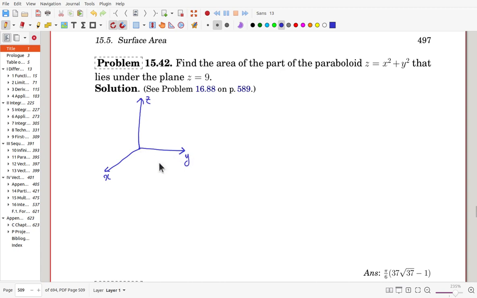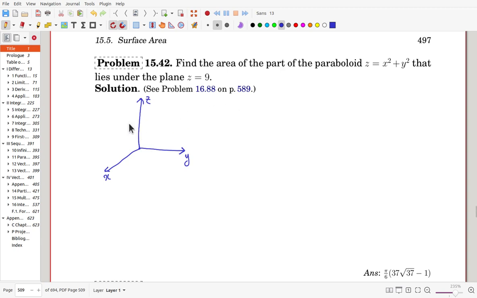So we always use x, y, z because it is the positive orientation. Later on, in chapter 16, we see the difference between positive and negative orientation. Okay.